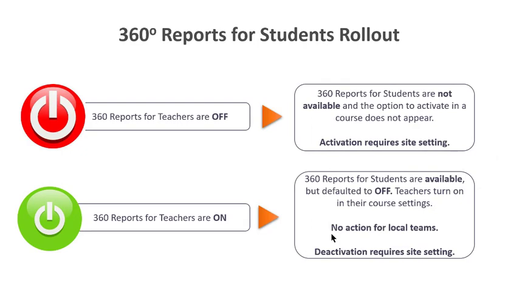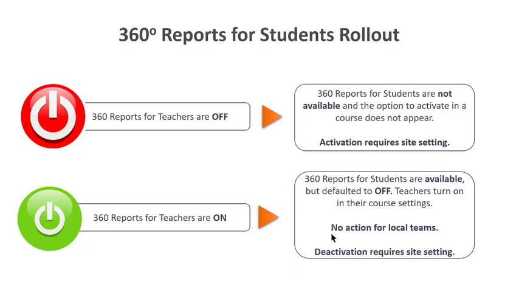So to break it down a little bit more, if the 360 reports for teachers are off, then the 360 reports for students are not available, and the option to activate it in the course does not appear. So the site setting, or the sysadmin setting, has to be turned on.